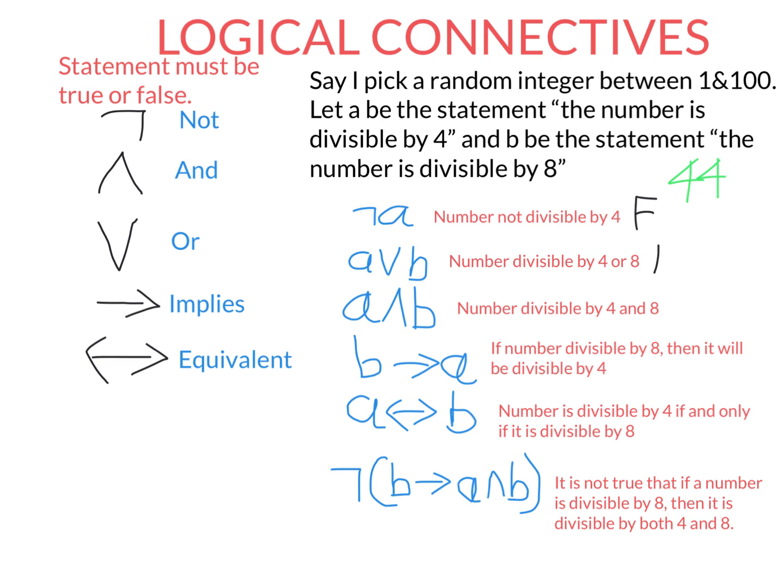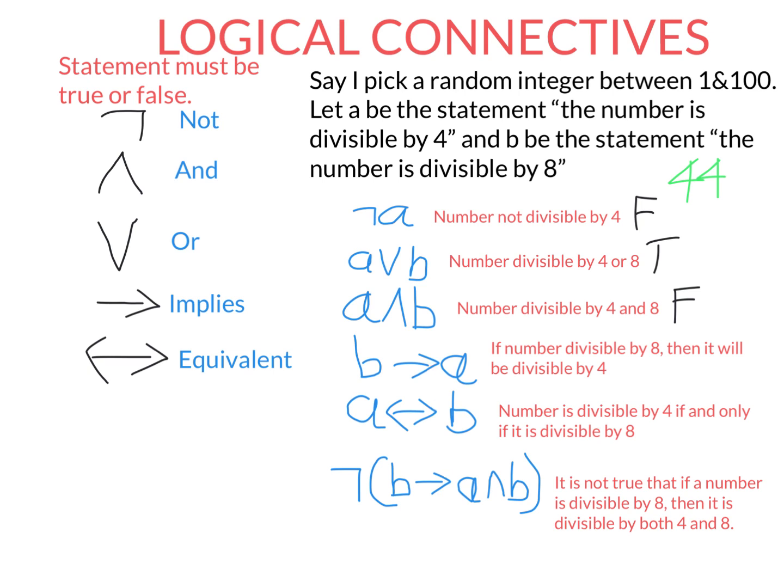Well, that's actually true because 44 is divisible by 4. It doesn't need to be divisible by 8 for this to be true. On the other hand, A and B requires that both of these are true. This is saying 44 is divisible by 4 and it's also divisible by 8. That's false because 44 is not divisible by 8.